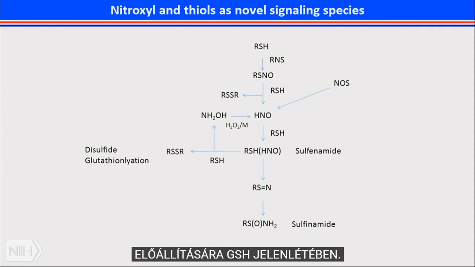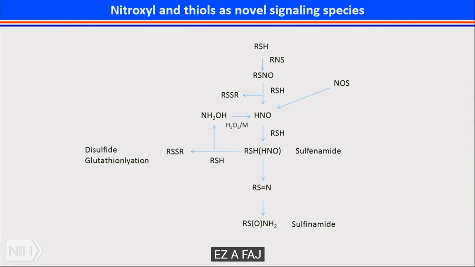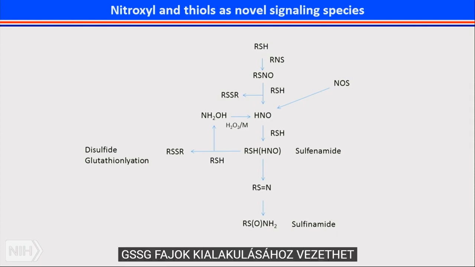HNO can also be produced with NO, which can further react with thiol to form N-hydroxysulfonamide. This species under excess thiol can lead to formation of GSSG sort of species, and production of hydroxylamine, which has been shown in our group to produce HNO again.